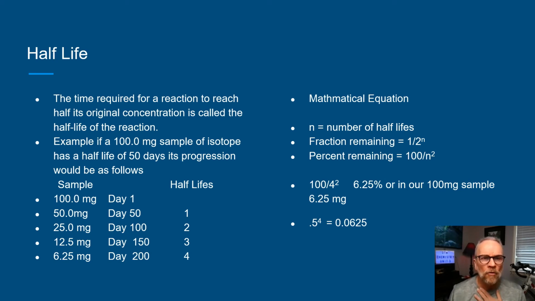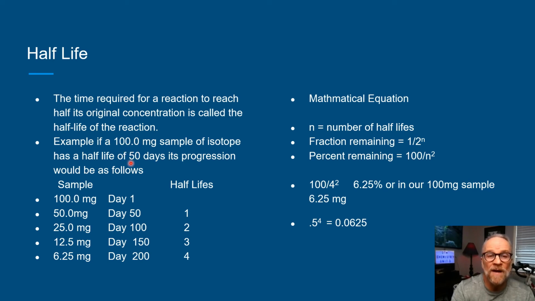The half-life is the time required for a reaction to reach half its original concentration. An example of this is the half-life of a 100 milligram sample of an isotope, and its half-life is 50 days. So in 50 days, that 100 milligrams will become 50 milligrams.